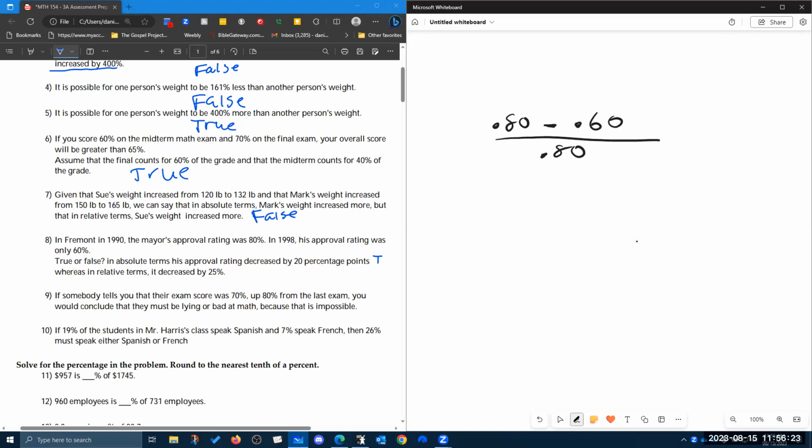That's the same thing as 80 minus 60 over 80, which is 20 over 80, which is 1/4, or 25% decrease, right? Yes, it's true. So this is true.